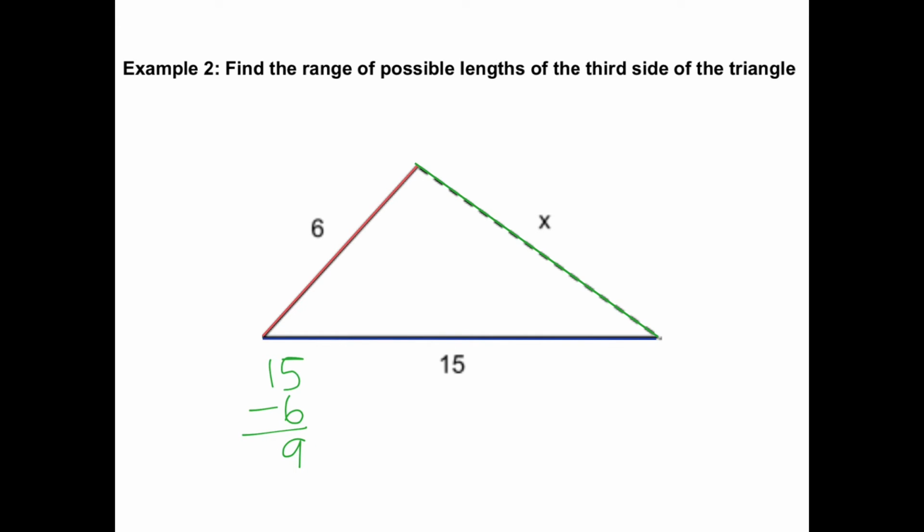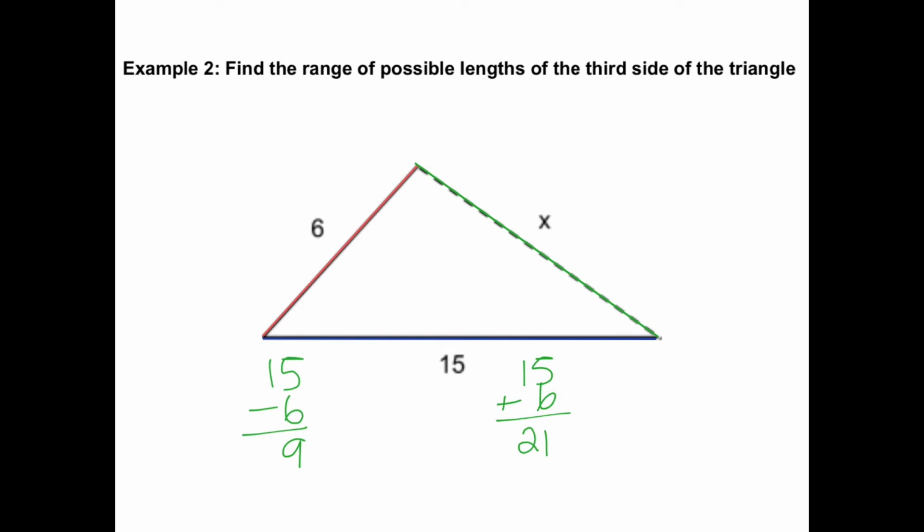But we also have to remember that when I add the 6 and the 15 together, that sum has to be bigger than that third side. So if I take the 15 and add the 6 to it to get 21, that's the largest it could possibly be, and I don't even feel comfortable saying the largest because it can't actually equal 21.